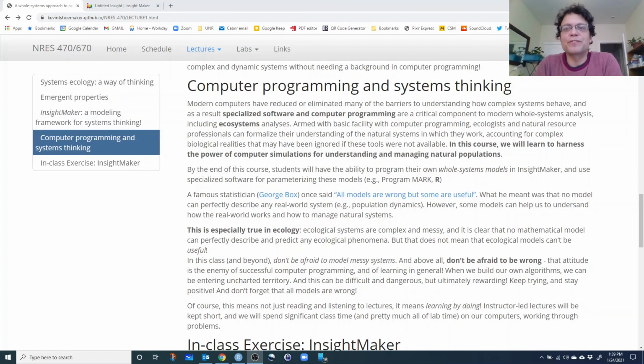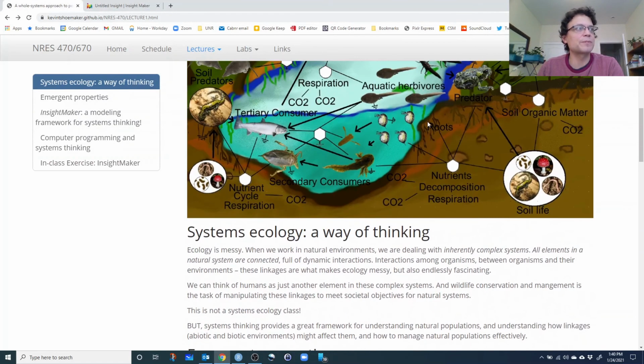And finally, just a few words about computer programming and systems thinking. I've already talked about why computers are so important for modeling complex systems. The computer is really good at putting lots of relationships together and letting us see what is likely to happen over time or over space, given the system that we set up, given all these relationships that we set up.